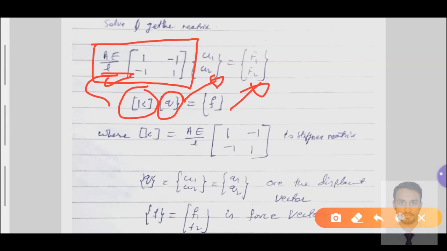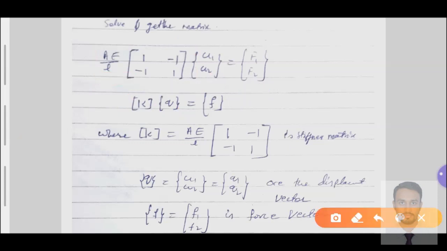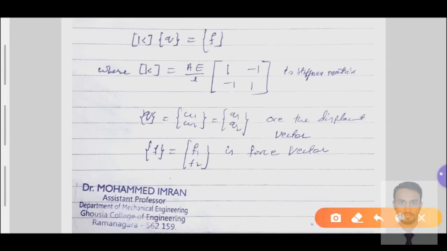K is the stiffness matrix, Q is the displacement vector, F is the force vector. So K is equal to AE by L, 1 minus 1, minus 1 1, called the stiffness matrix, which we have derived and formulated.